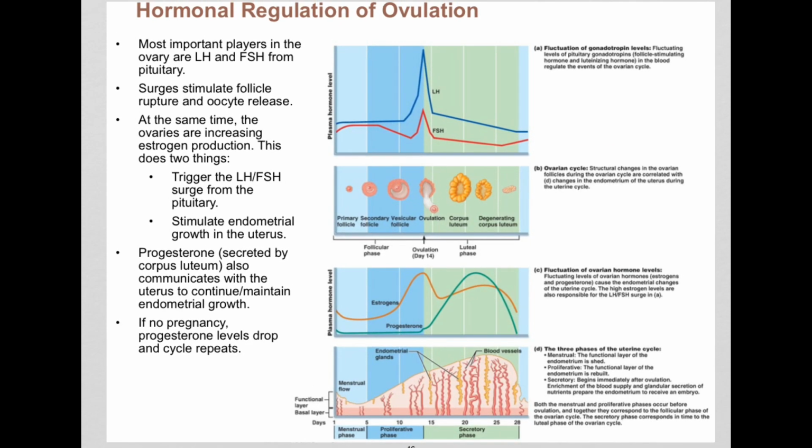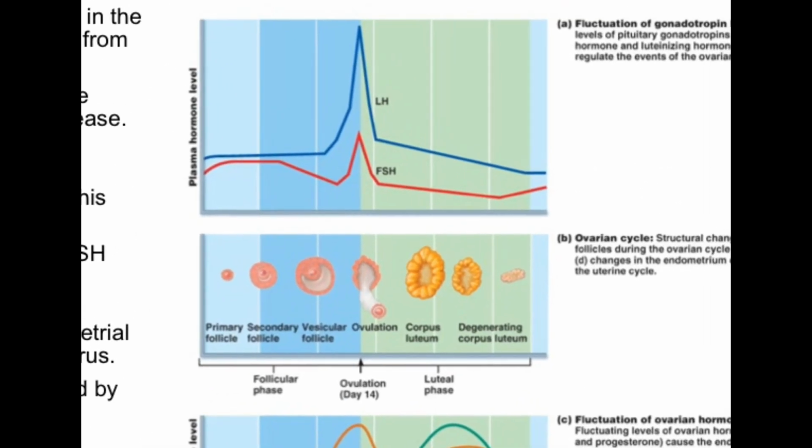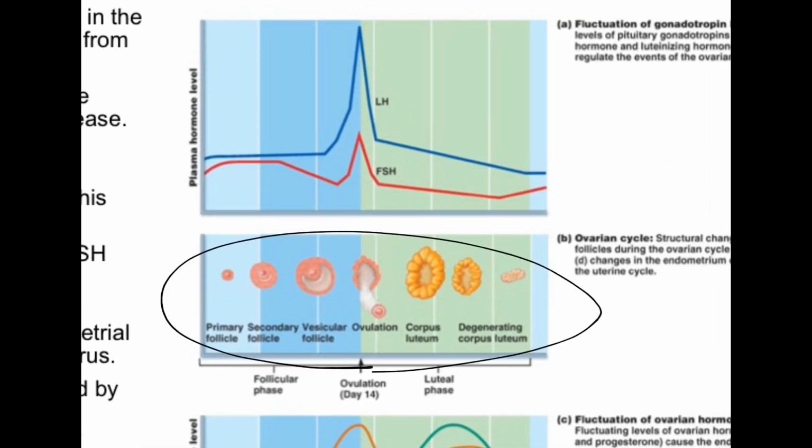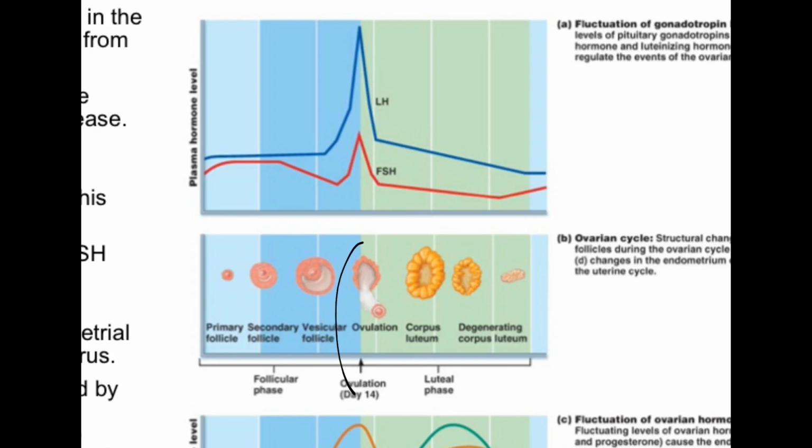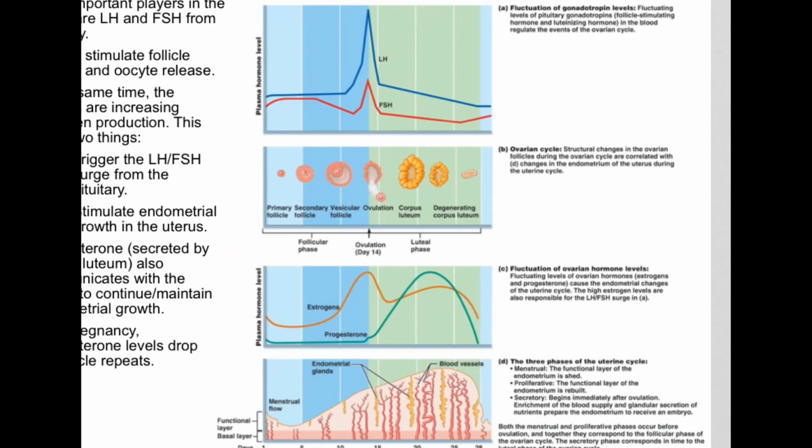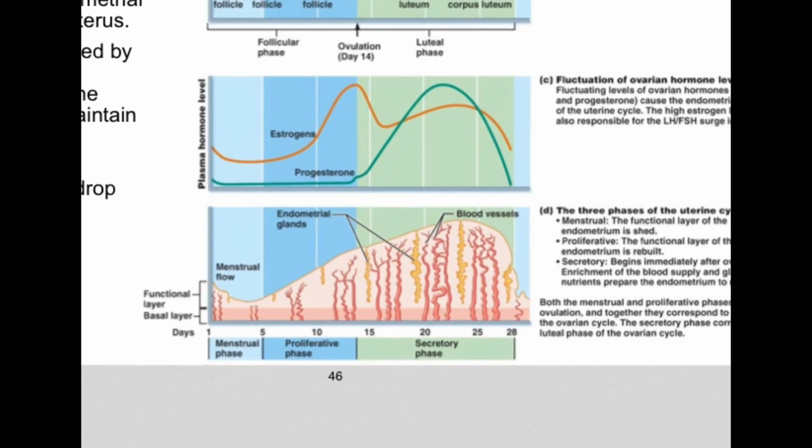And so this set of graphs is showing you how these things are coordinated. I say coordinated because this top portion is showing you when ovulation occurs, average day 14, but it can vary a little bit during cycle. This graph is showing you endometrial growth, smaller to thicker.